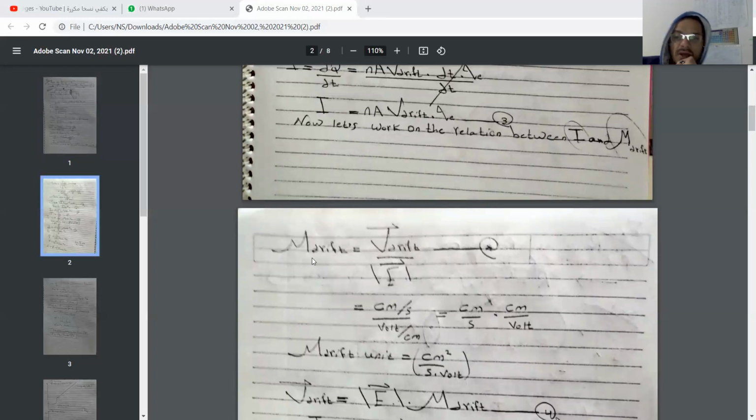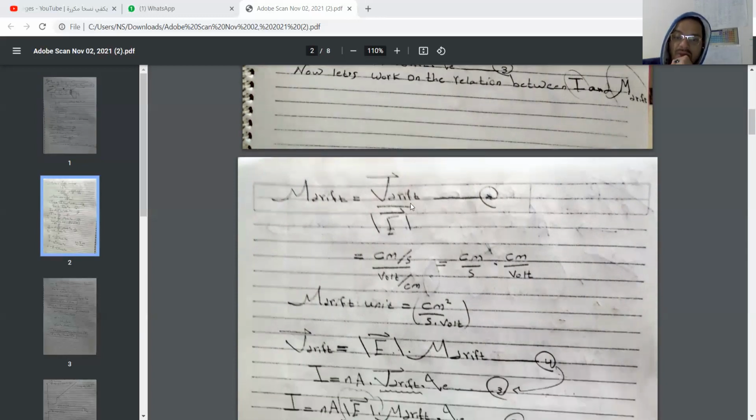The drift mobility of electron equals the drift velocity of electron divided by the electric field. What does that mean? We use this equation to calculate the drift velocity of electron. That means the drift velocity of electron will equal the drift mobility of electron dot the electric field here.